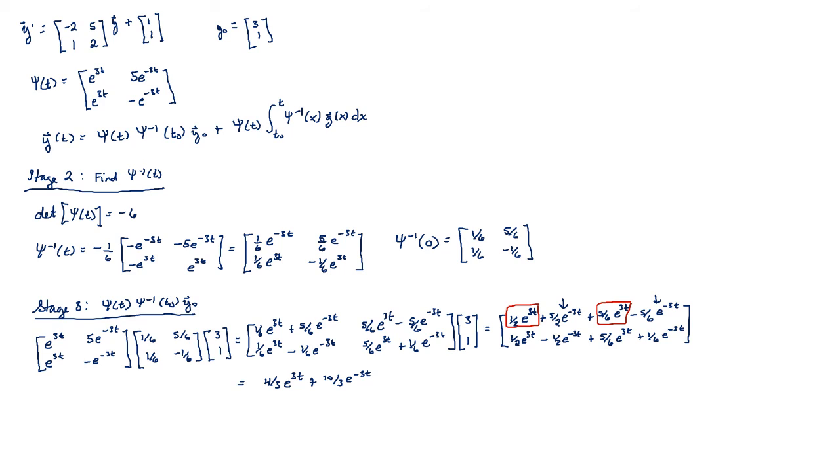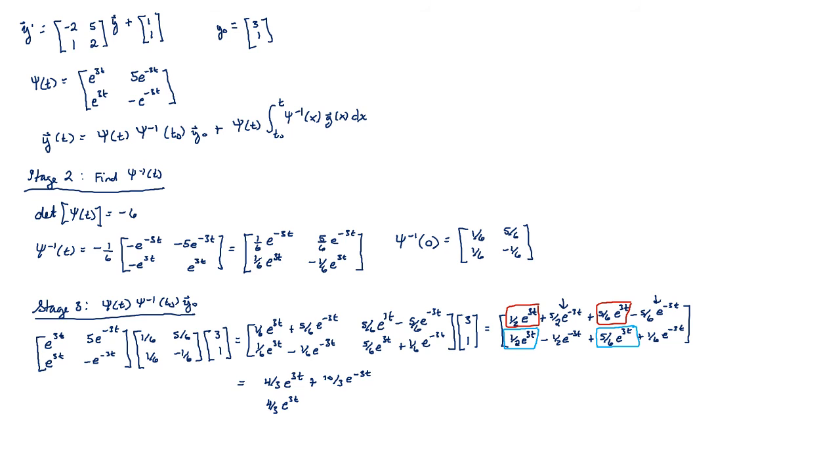Looking at the bottom row, for e to the 3t's, I've got a positive 1/2 here and a positive 5/6 here. So that's going to give us back again 8/6, or 4/3. So we've got 4/3 e to the 3t power.